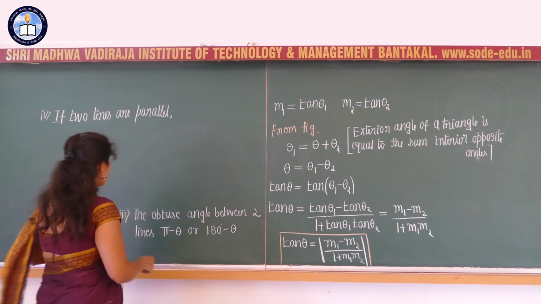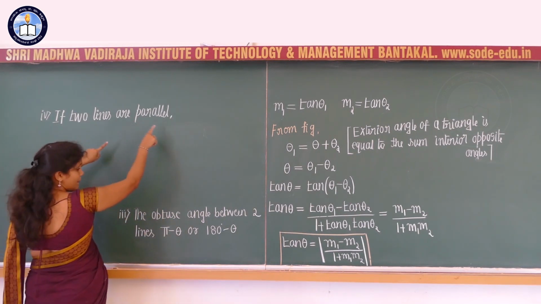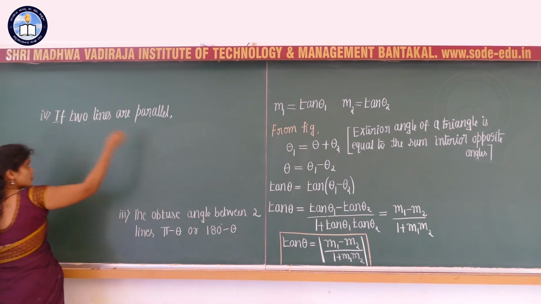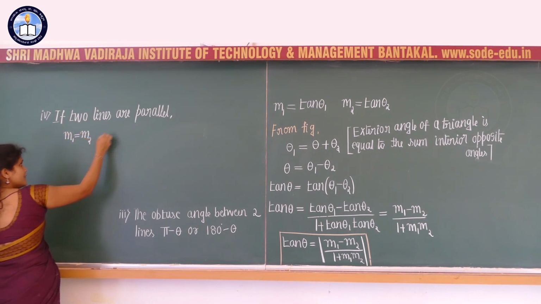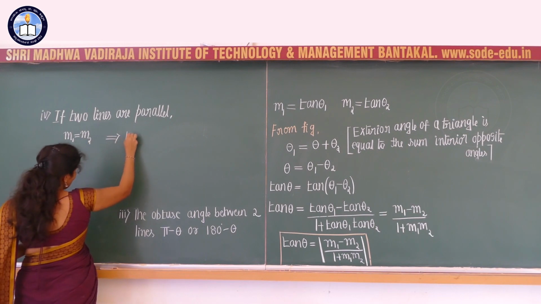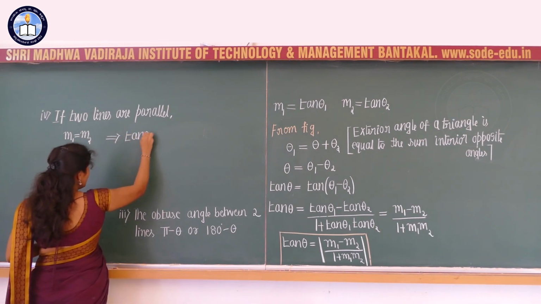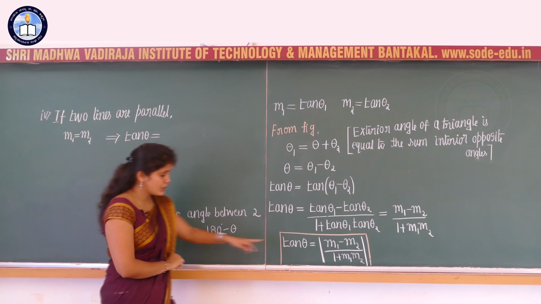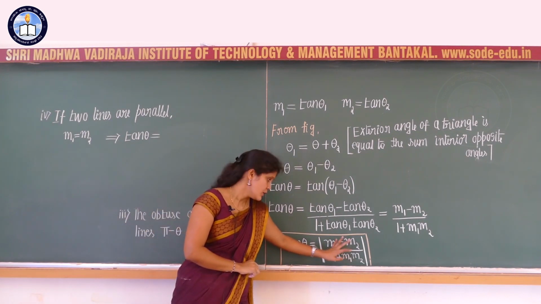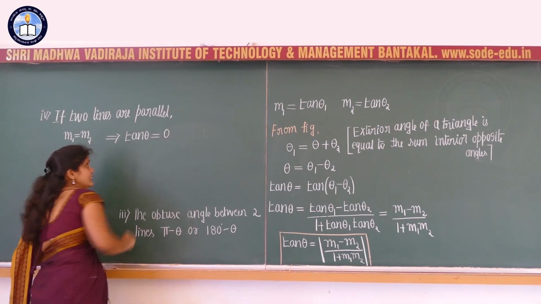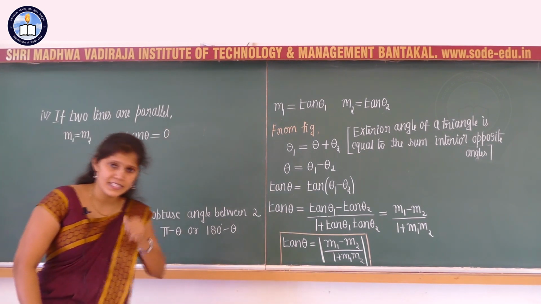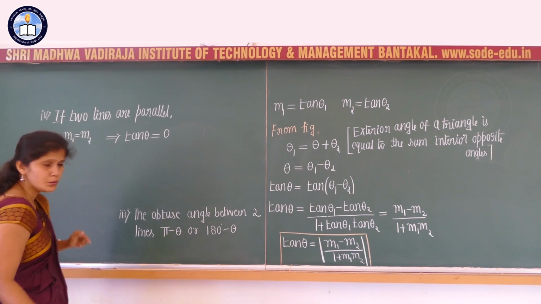So if the two lines are parallel, then slopes are equal, that is, m1 is equal to m2, which implies that tan theta is equal to 0 divided by, both these numerator terms are the same, so 0 divided by any value is nothing but 0. Tan theta equal to 0, which implies that theta equal to 0.